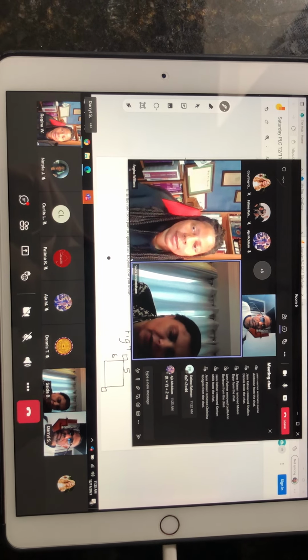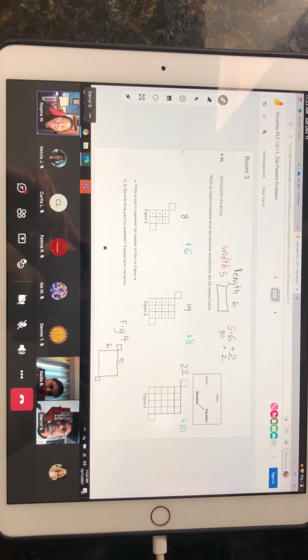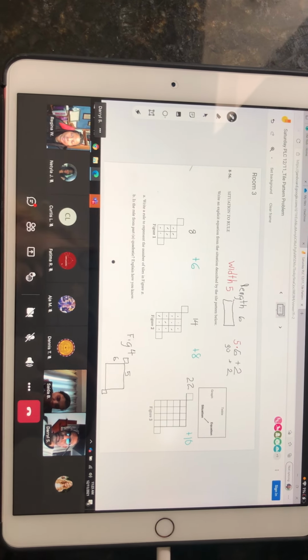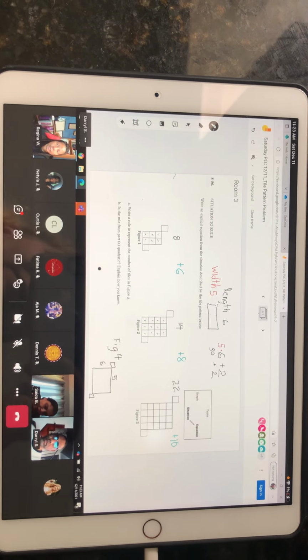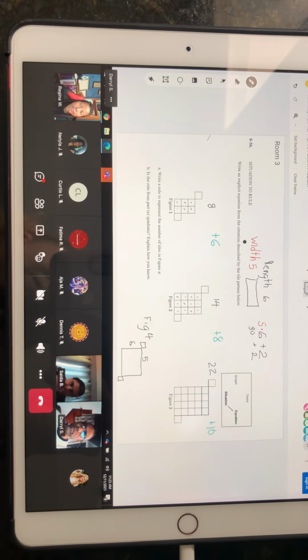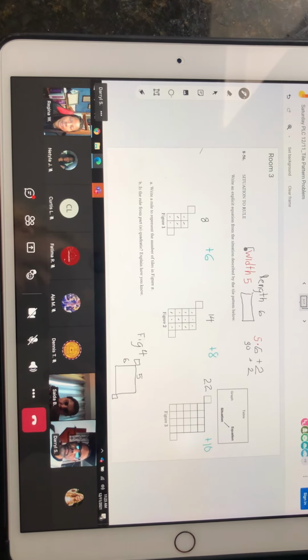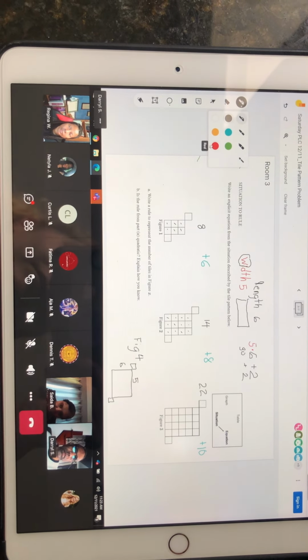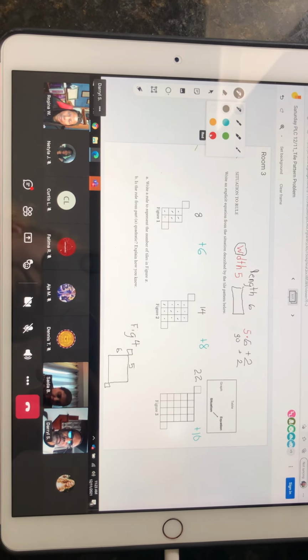When I was talking to Fatima, we have 5 as the width in that case. So what I was trying to get to with Fatima is, let's call that W instead of it being just a generic number. And then I was getting into the length being 1 more than that width. And so we were trying to get to the expression.